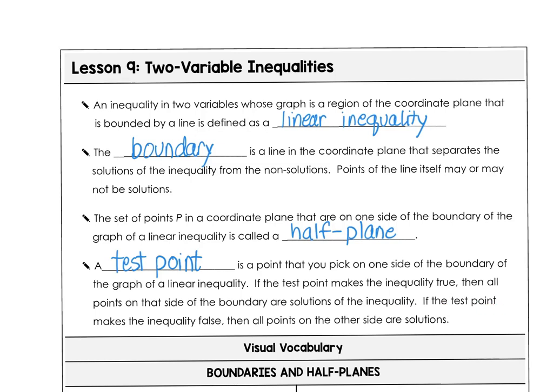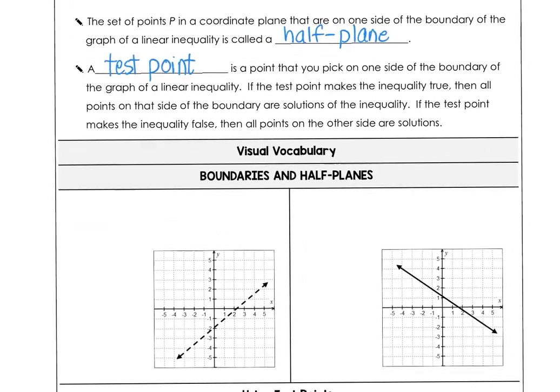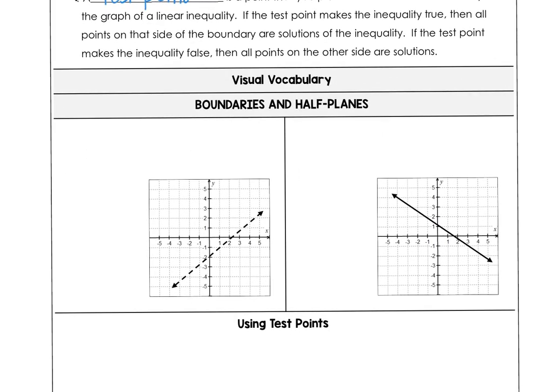But if the test point makes the inequality false, then all the points on the other side of the half plane will be your solutions. So let's jump in with a visual representation of those vocabulary terms.